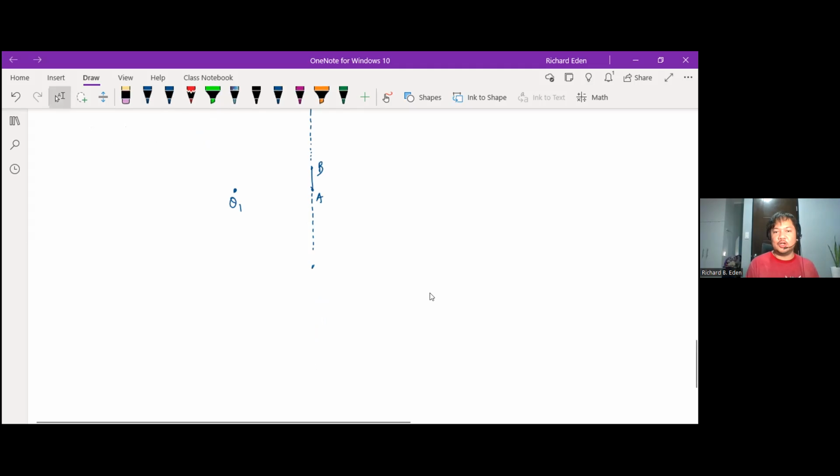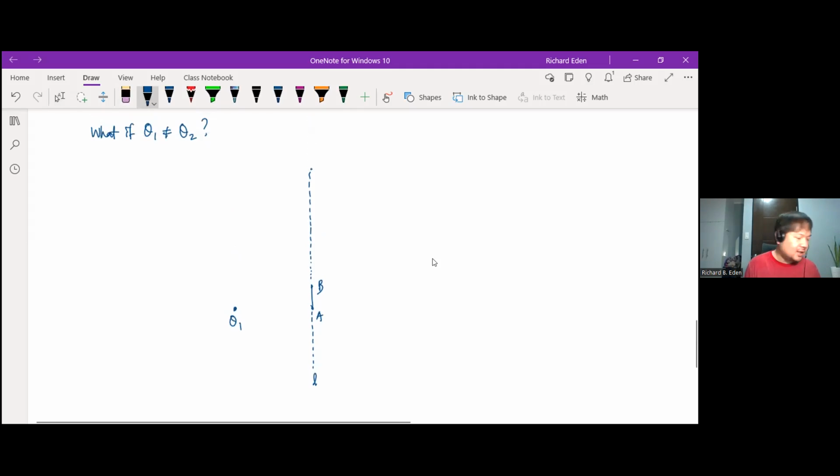So it's as if we're also rotating this line L. Medyo challenging mag-draw. So let's say this is A. All right. And then this is B.